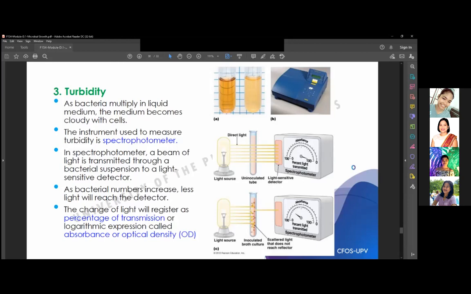So habang nagiging mas cloudy siya, mas konti yung light na pumapasok, mas nagsascatter yung light that passes through your tube or your sample. So it will now be difficult for the light to reach the detector. So ano yung magiging reading mo kapag blank ka pa lang?